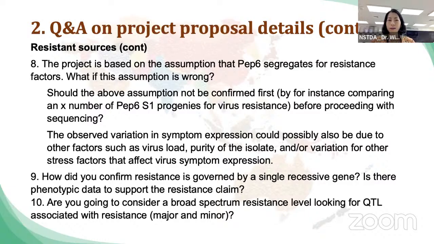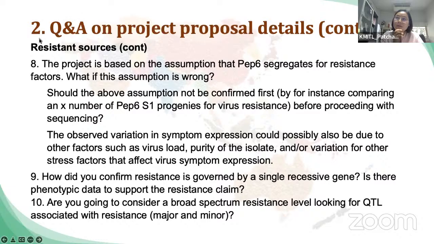I think the question is asking whether the resistance is genetic or environmental. It's controlled by genetics and also environment, because polygenic genes control it, but the main control is from genetics.